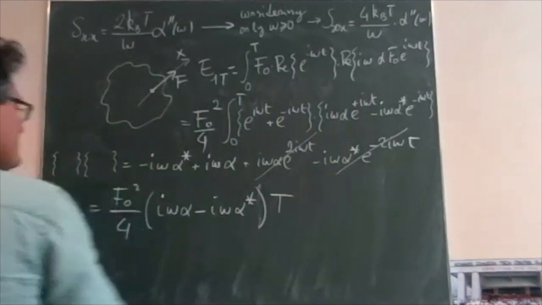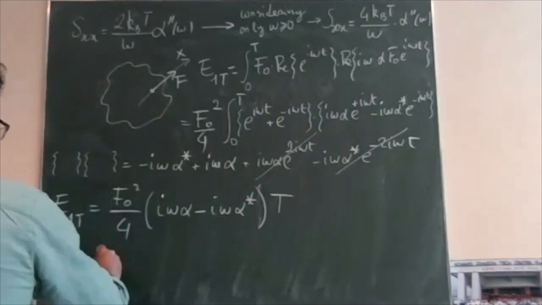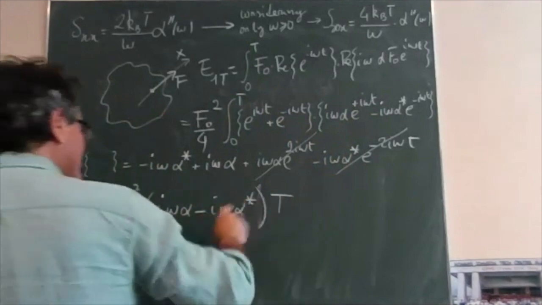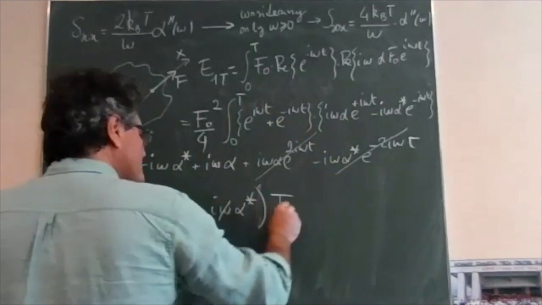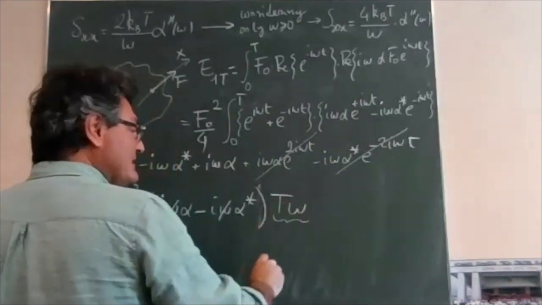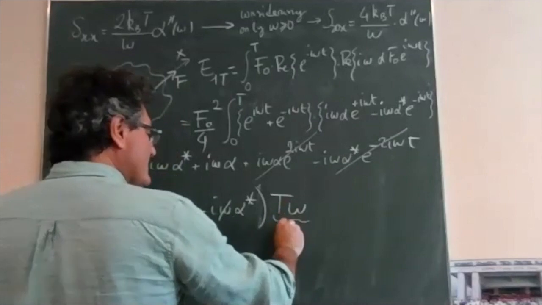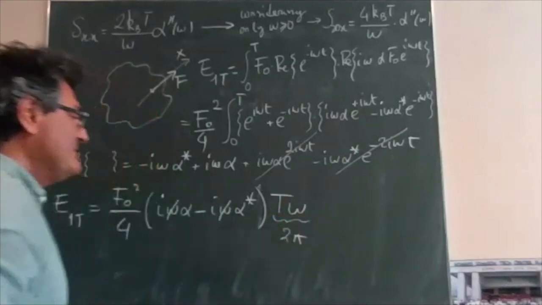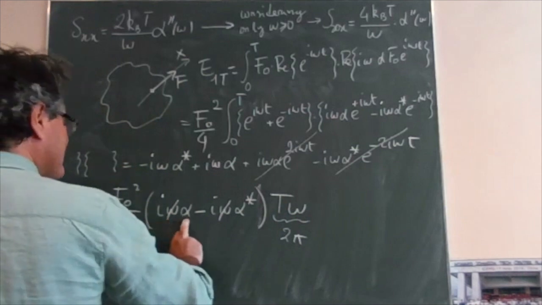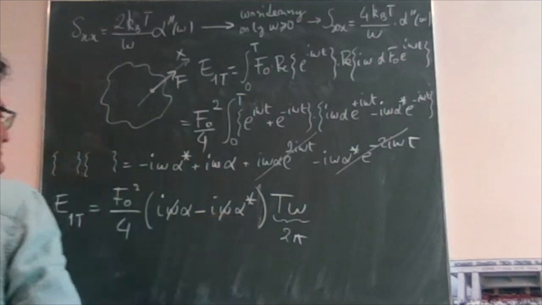So let's analyze what is in there. We could take omega out, and this produces a 2 pi, something that is independent of omega. And then I have i alpha minus i alpha star.